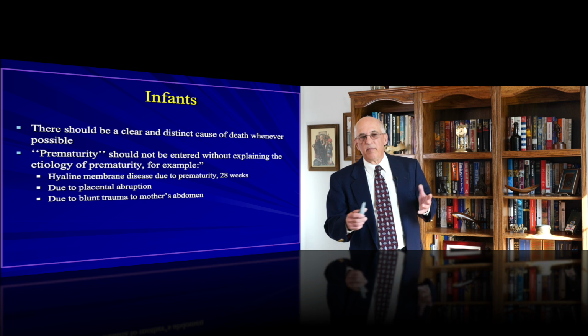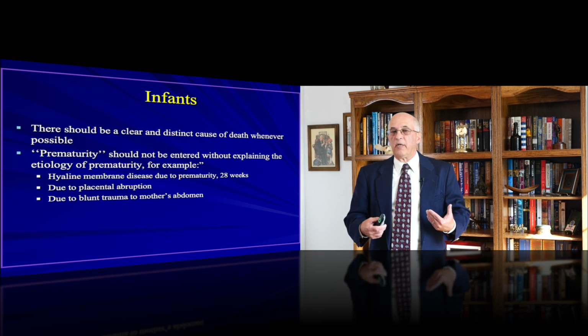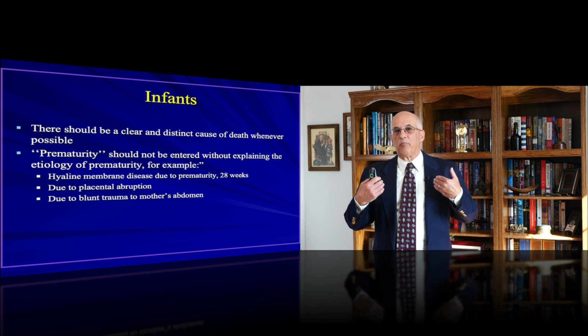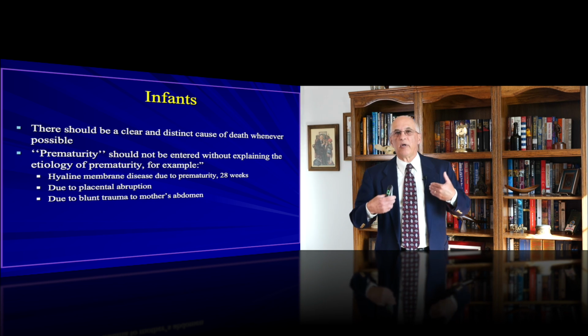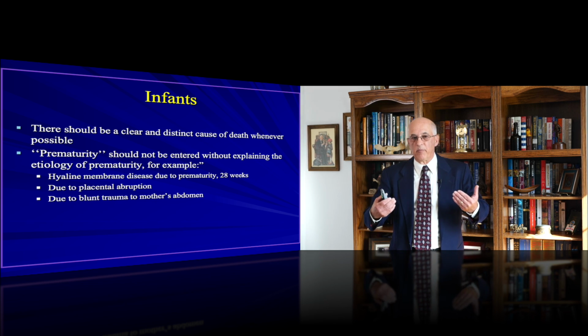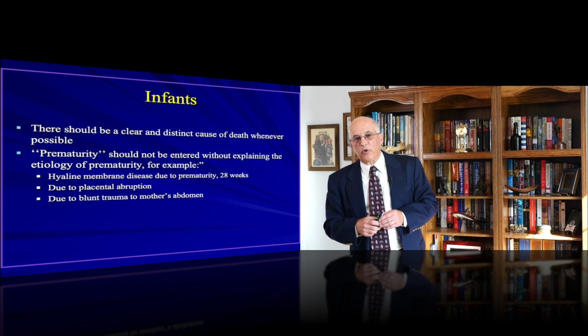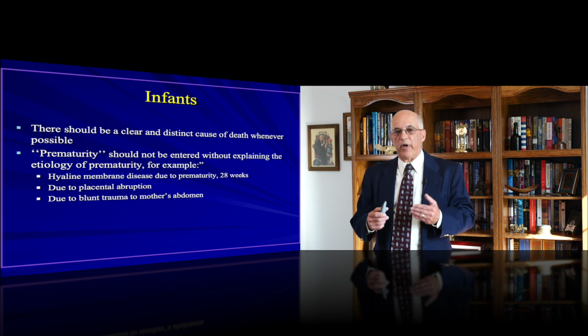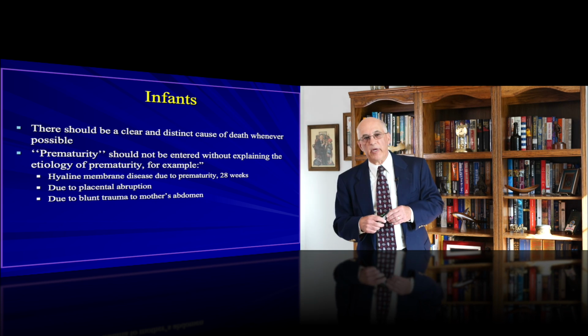In other words, hyaline membrane disease is lung disease that occurs when lungs are immature. So you do see it in premature infants. Their lung is lacking something called surfactant, makes it difficult for them to breathe, and it can be fatal. So you can't just say prematurity. What you want to say is hyaline membrane disease due to prematurity of 28 weeks.